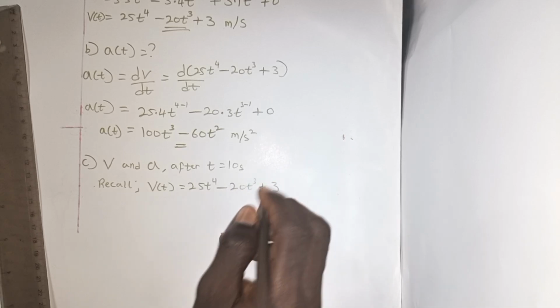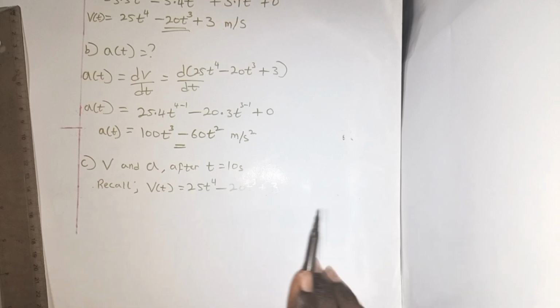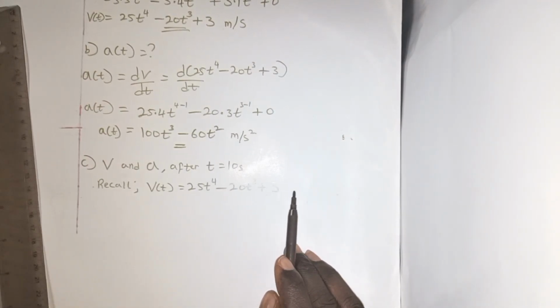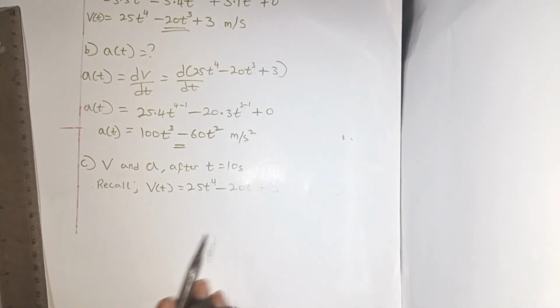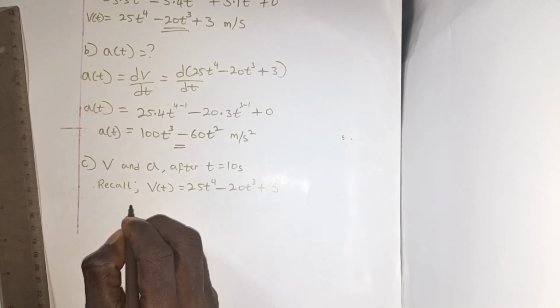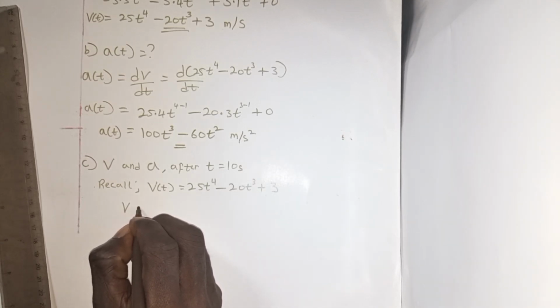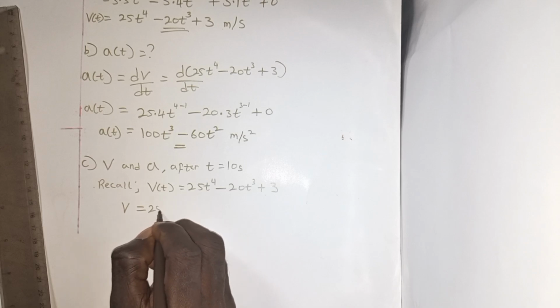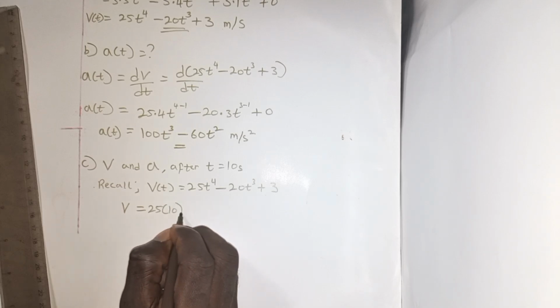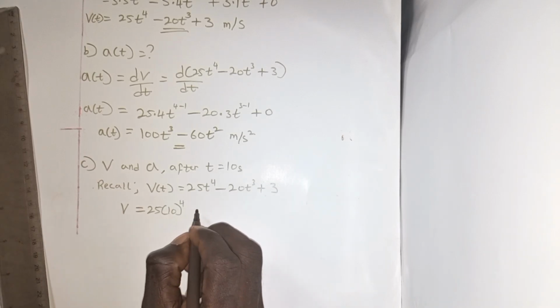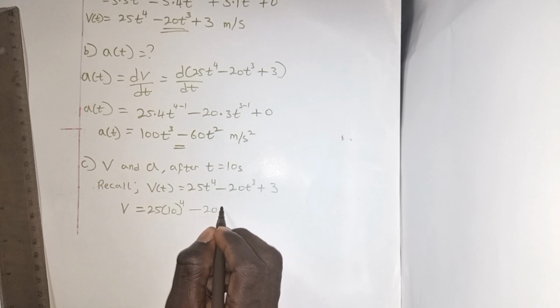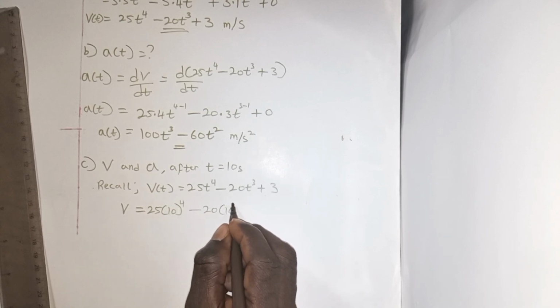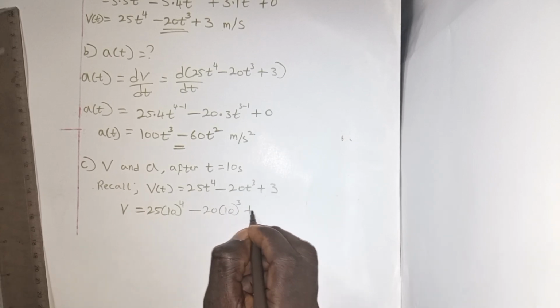Now all we need to do is insert t equals 10. So velocity is 25 times 10^4 minus 20 times 10^3 plus 3.